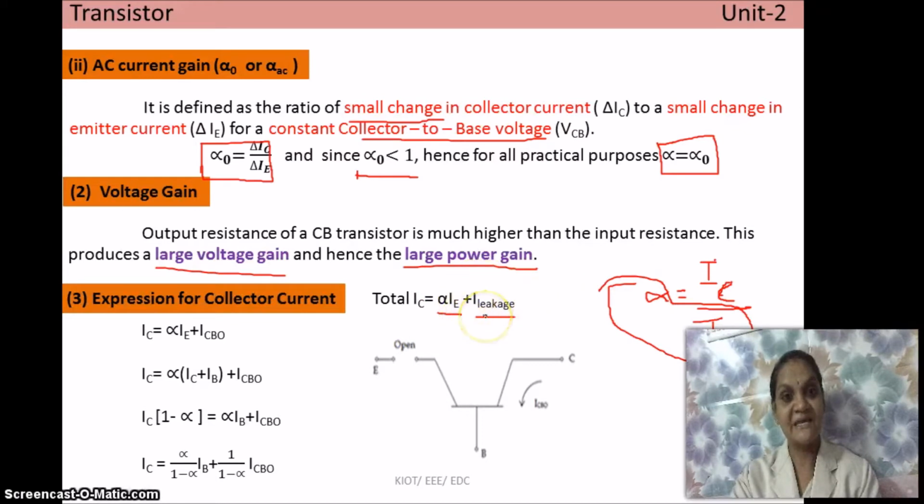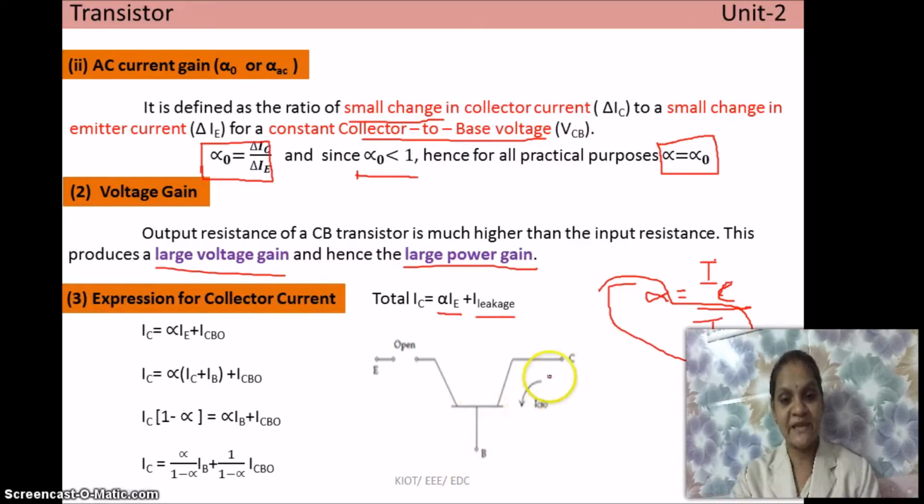This is I leakage. As I already told you, a transistor internally resembles the structure of two diodes, in which one diode is forward biased and another diode is reverse biased. For common base, the forward biased diode is on the input, and the reverse biased diode is on the output, between the collector and the base terminal.